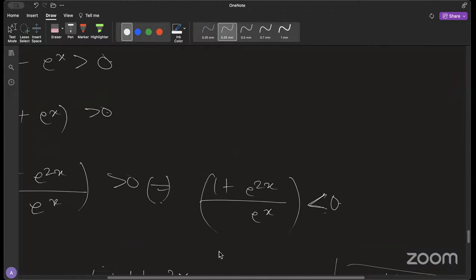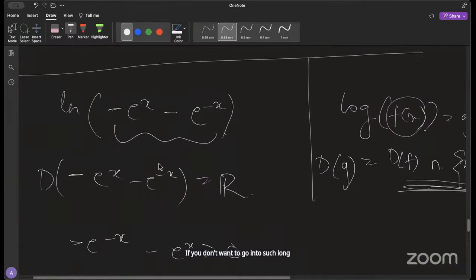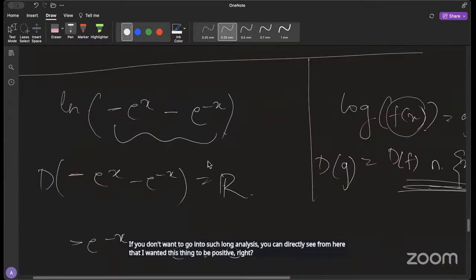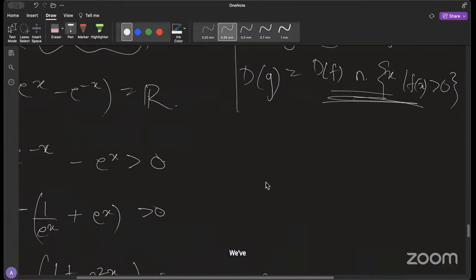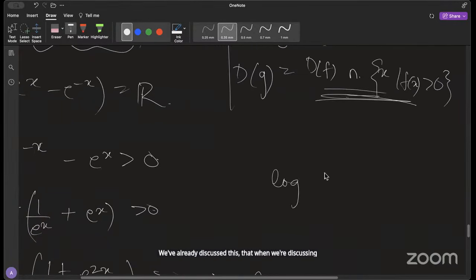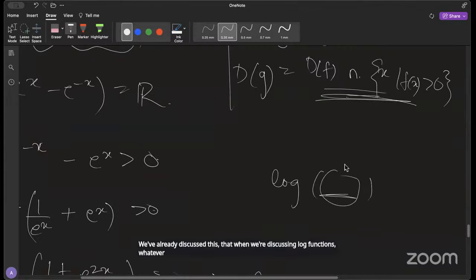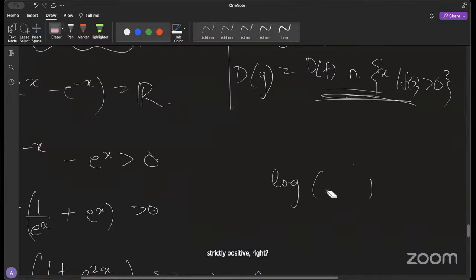If you don't want to go into such a long analysis, you can directly see from here that I wanted this thing to be positive, right? I wanted the interior of this natural log function. We've already discussed that when we're discussing log functions, whatever is in here should be strictly positive. It shouldn't even be 0.